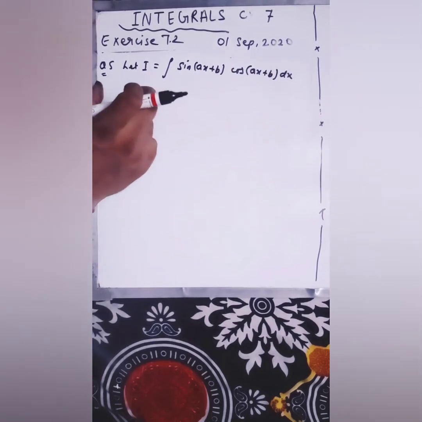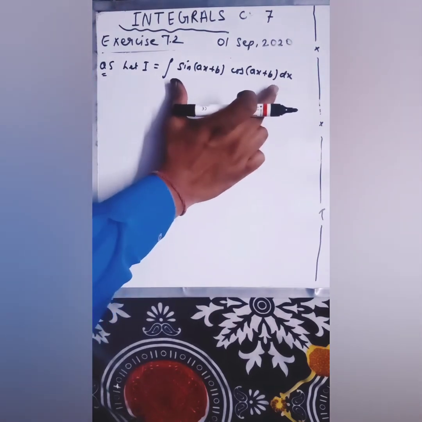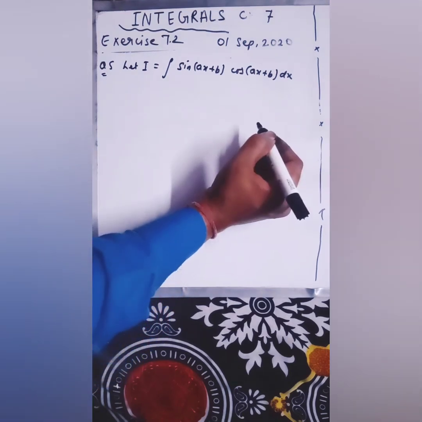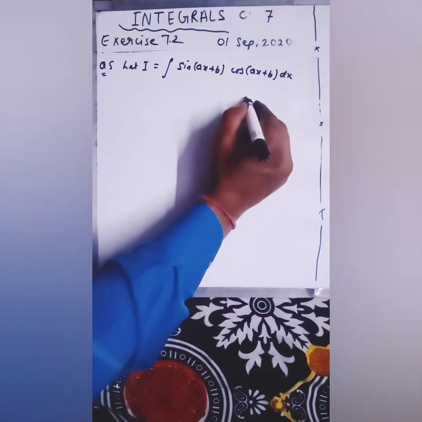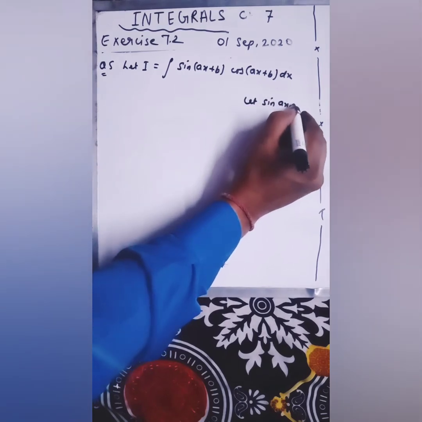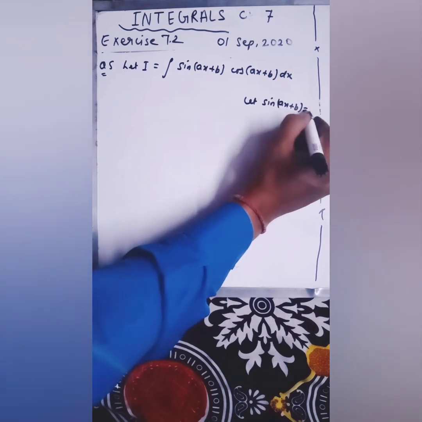Now see, this is your question number 5. Okay, so we have to find out the integral of this. So here what I am doing, I am assuming that let sin(ax plus b) be equal to t.